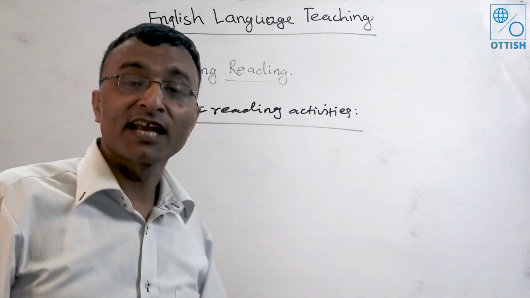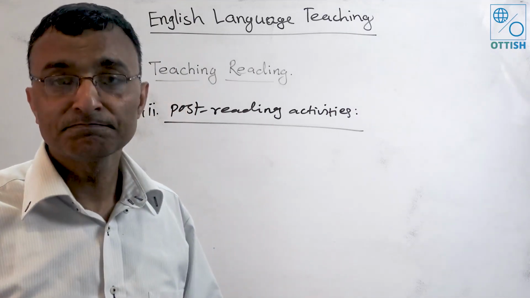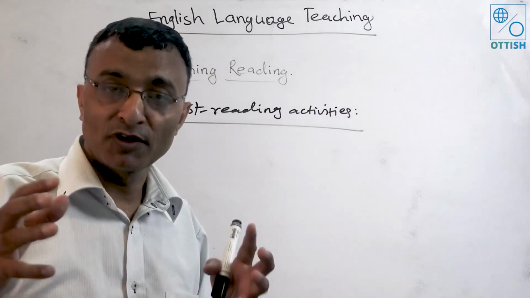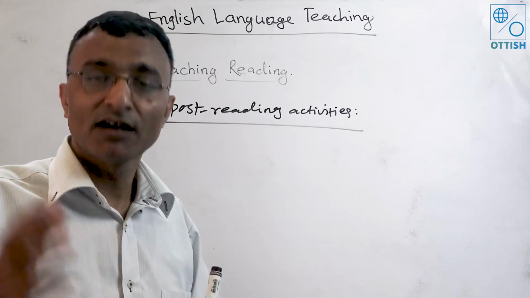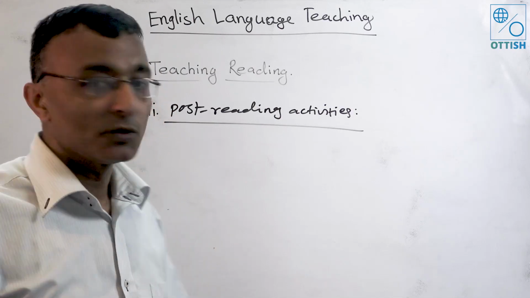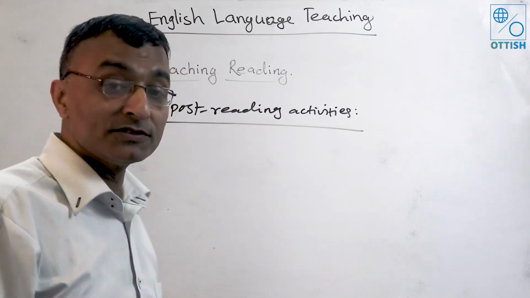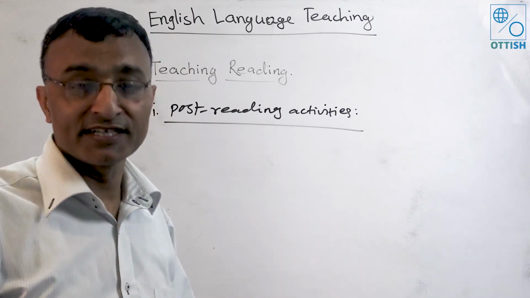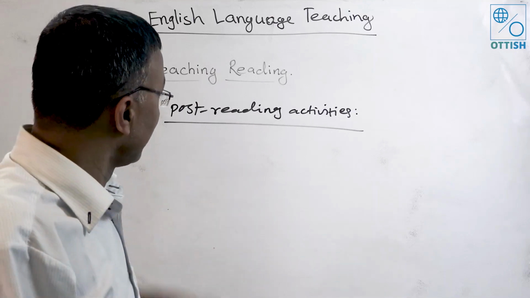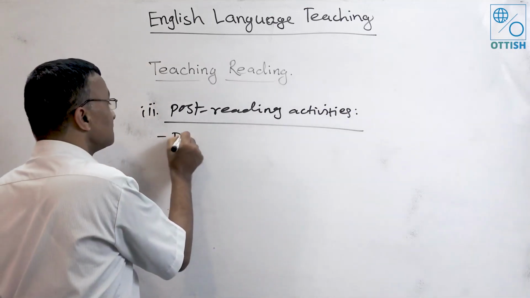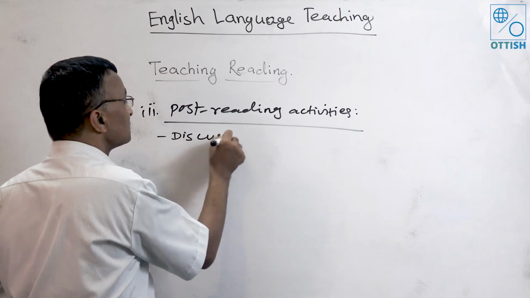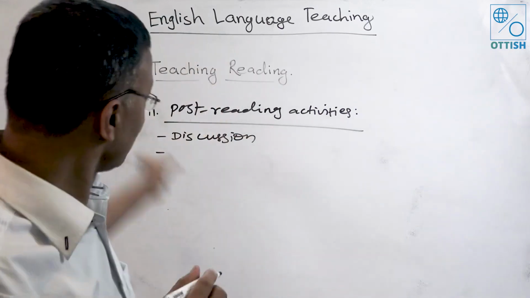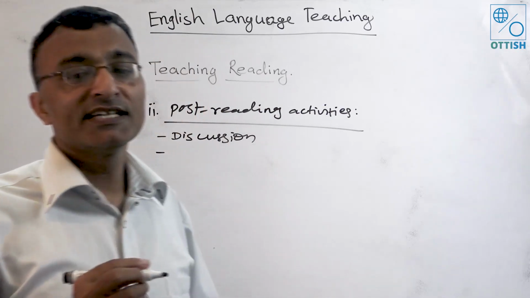Generally, a discussion can be carried out on the basis of the content of the reading text, which they have been involved with through many activities in the while reading stage. So discussion can be one activity for post reading.